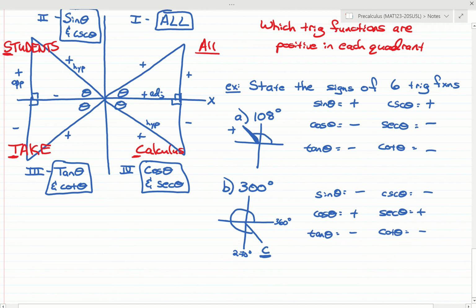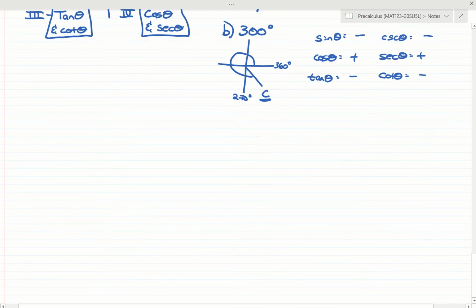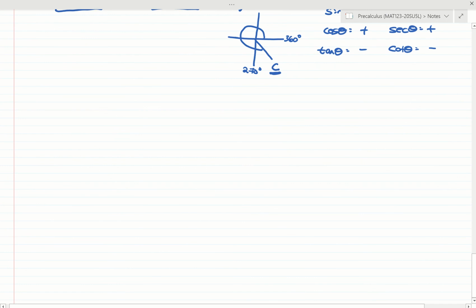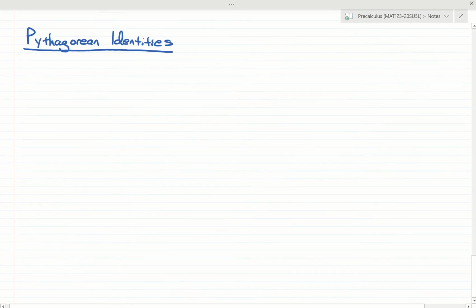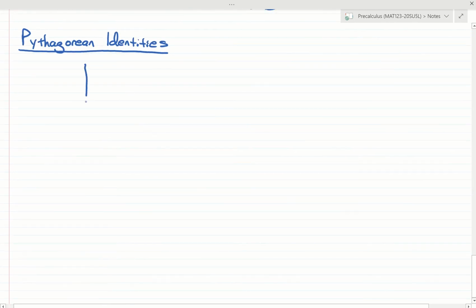All right, and let's move on to our last topic for this section. It's called the Pythagorean Identities. Now, the Pythagorean identities come from the Pythagorean theorem.